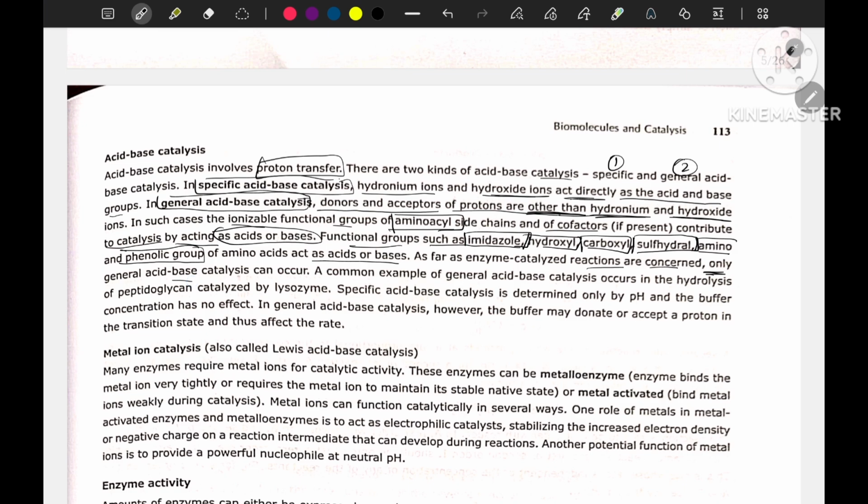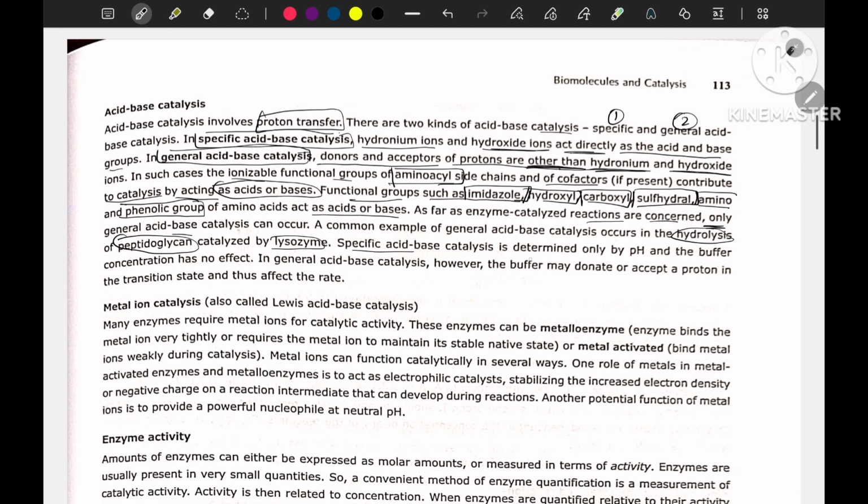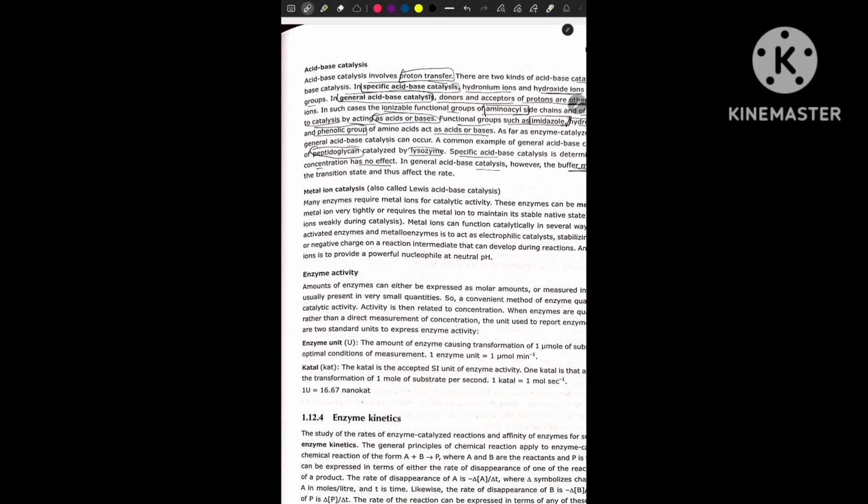A common example of general acid-base catalysis occurs in the hydrolysis of peptidoglycan catalyzed by lysozyme. Specific acid-base catalysis is determined only by pH, and the buffer concentration has no effect. In general acid-base catalysis, however, the buffer may donate or accept a proton in the transition state and thus affect the rate.